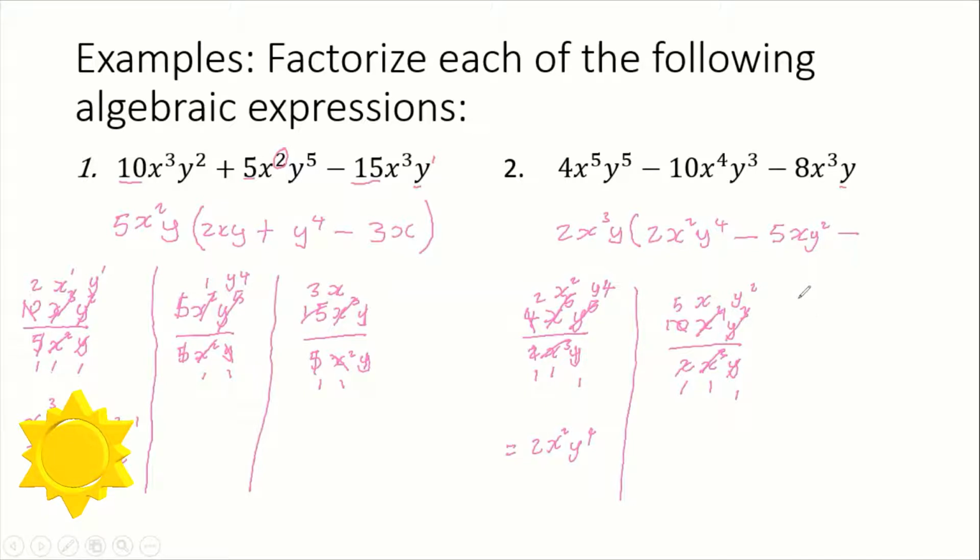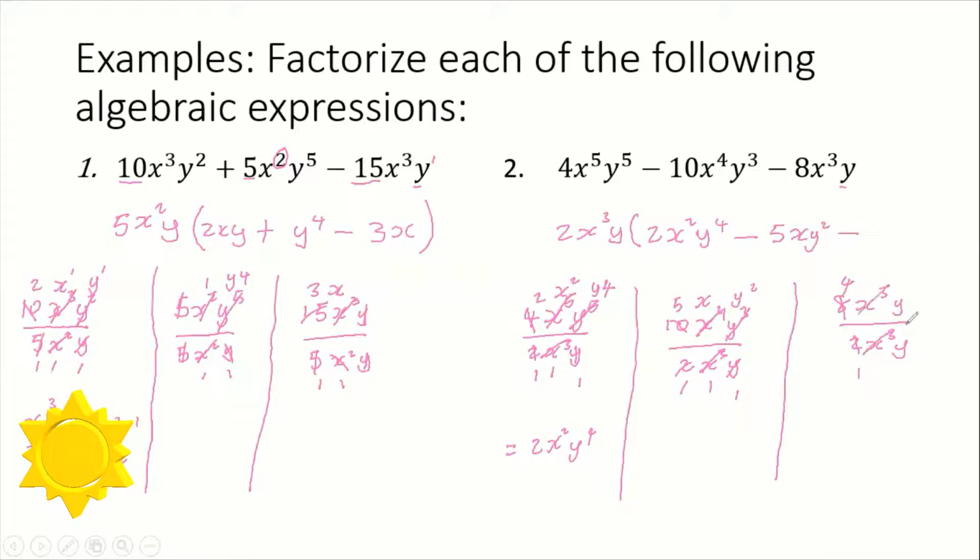And then we're going to do the same thing with the last term there, so it's going to be 8x to the 3rd and y all over 2 times x to the 3rd y. So note that 2 into 2, that's 1. 2 into this 8 will give us 4. X to the 3rd into x to the 3rd will give us 1.